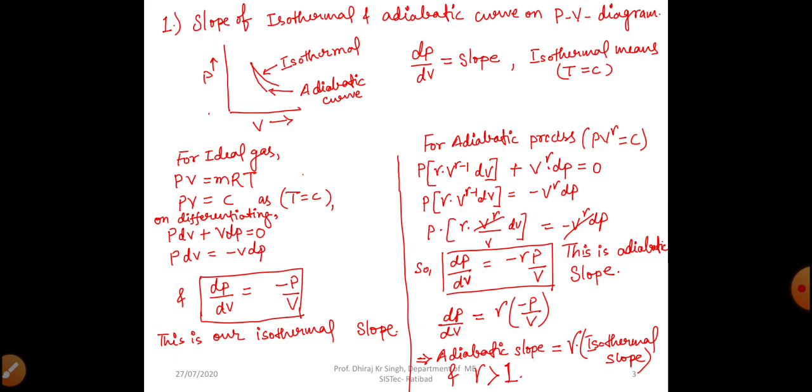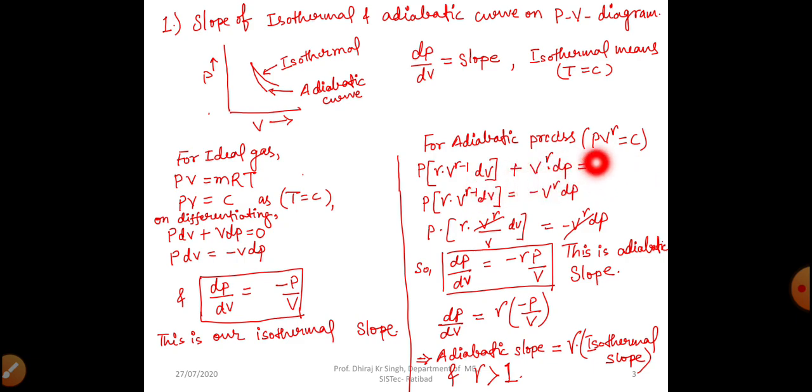Now we will move on to the adiabatic process. The equation of the adiabatic process is PV to the power gamma equal to constant, where gamma is our adiabatic index and it is 1.4 for air. Now we will differentiate it to get the term dP by dV, our slope.